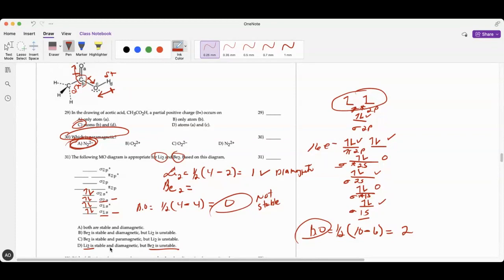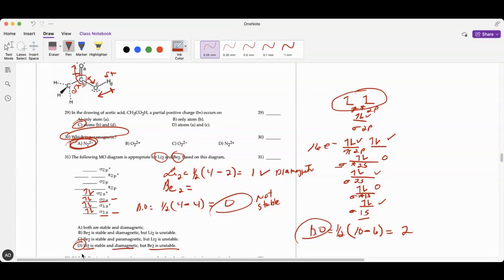It has a bond order of 1, and it's diamagnetic. So D would be the correct answer here. Okay. Any questions on this one?